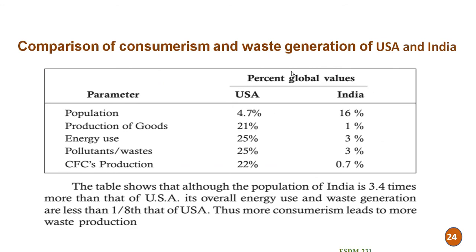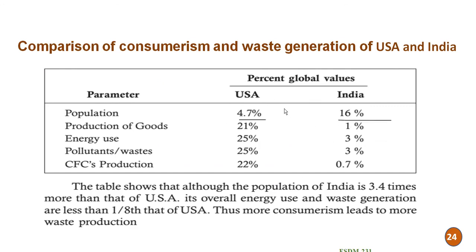The comparison of consumerism and waste generation of the USA and India. Here is a comparison of consumerism and waste generation, and the parameters are given here, in which the population of USA is 4.7% while India is 16%.